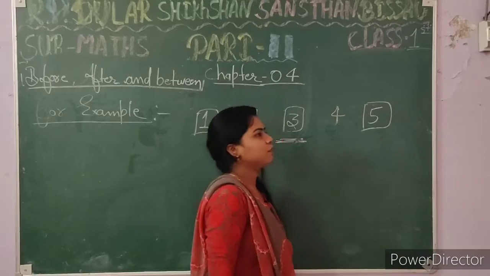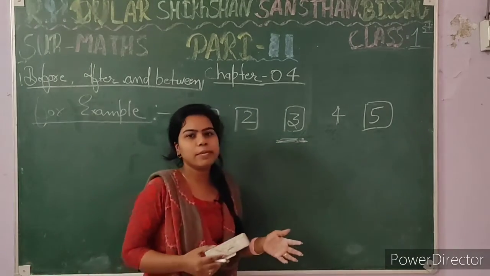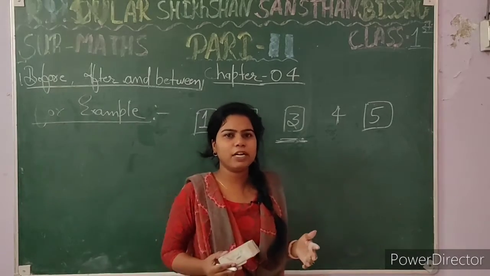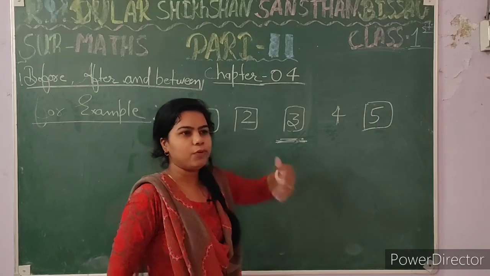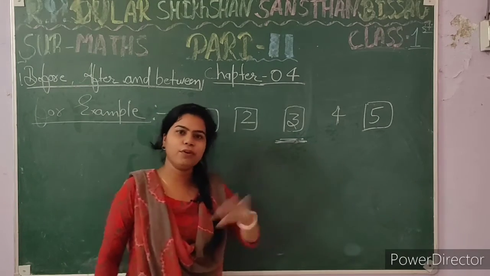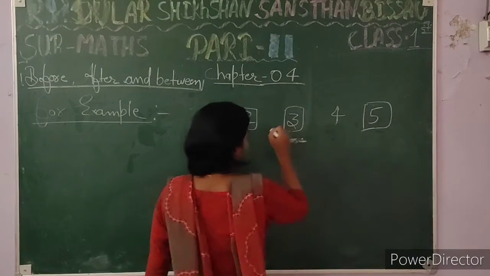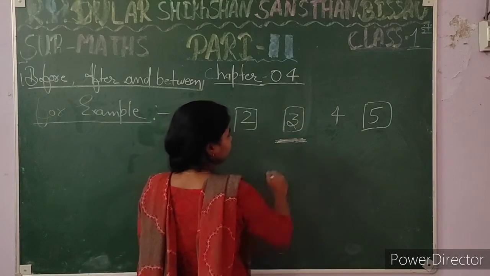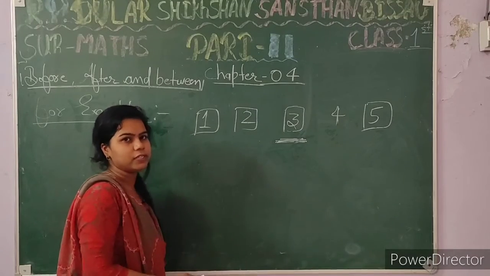So don't be confused about the meaning of before and after. Most students get confused in this way, and sometimes write before as after, and after as before. So don't be confused students, always remember that before means reverse counting. We can write the reverse here.